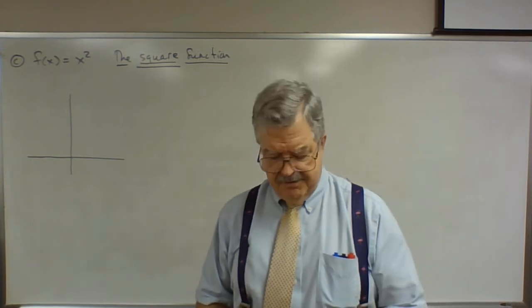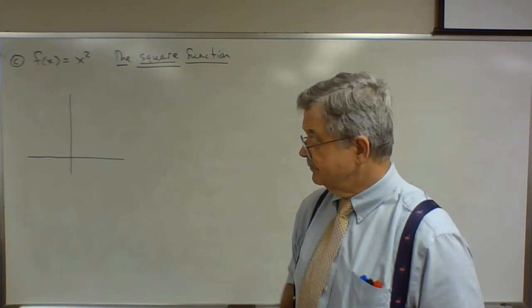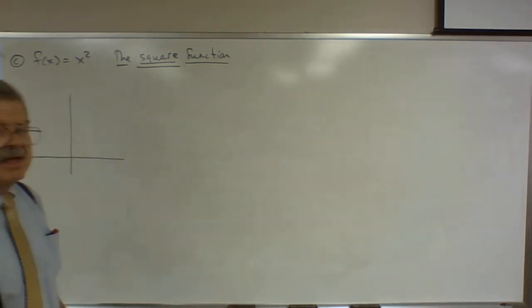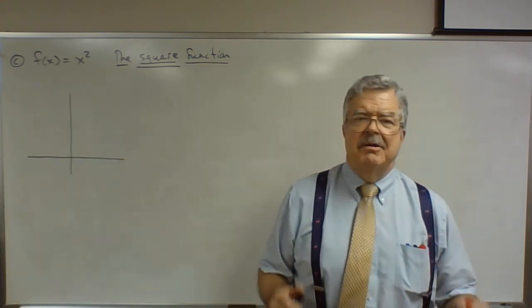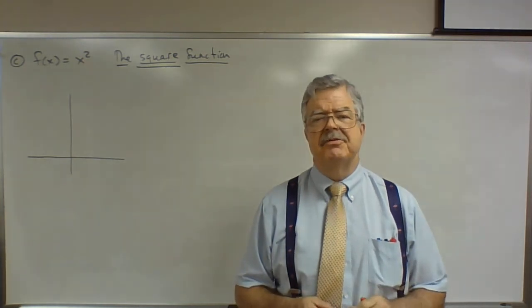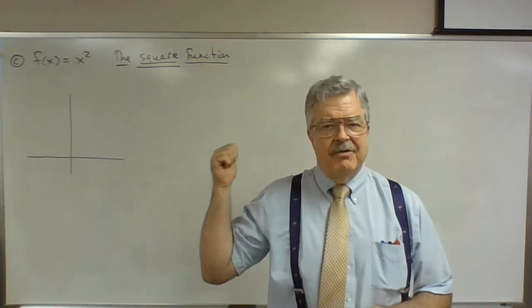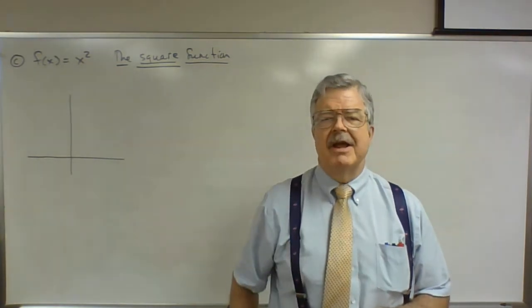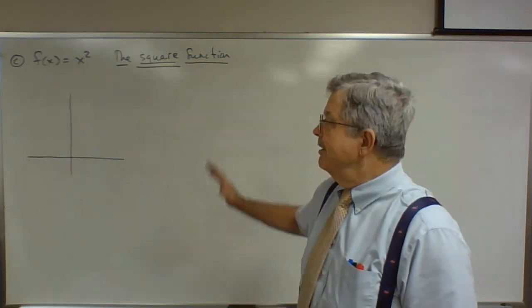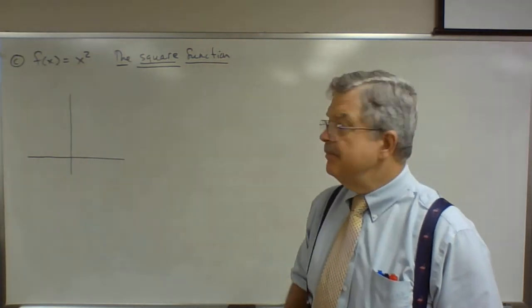Next on our list is the square function. F of x equals x squared. And to plot this graph, let's just use 3 key values of x. We should have this graph memorized, but I want to plot the graph also because when we do variations of the graph, the approach that we're about to use here will make graphing very easy.